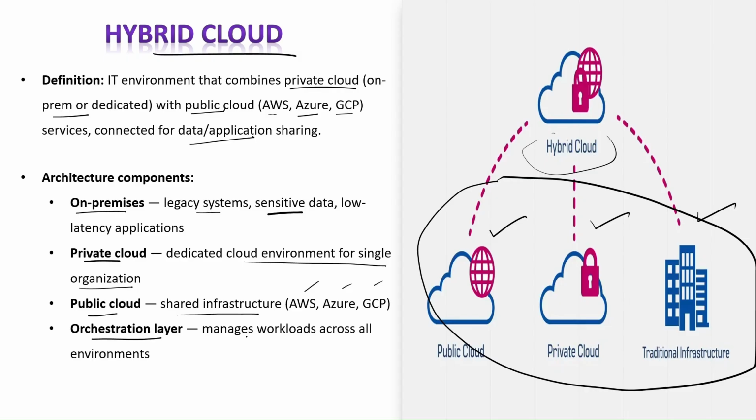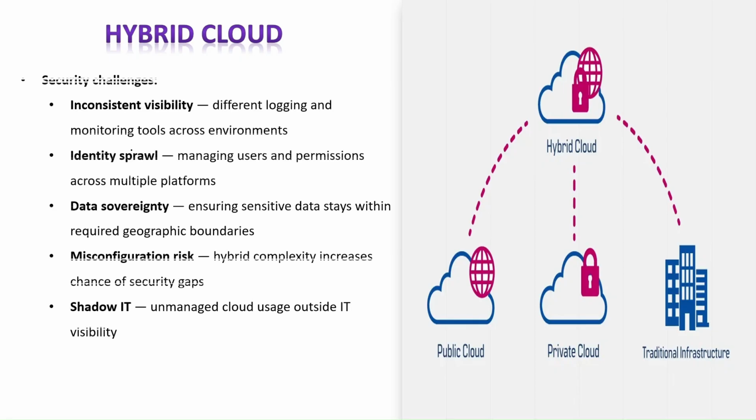And the orchestration layer basically manages the workloads across all the environments, such as the on-prem and the public cloud environment. So some security challenges of the hybrid cloud, and the first one is inconsistent visibility. So different logging and monitoring tools across environments.